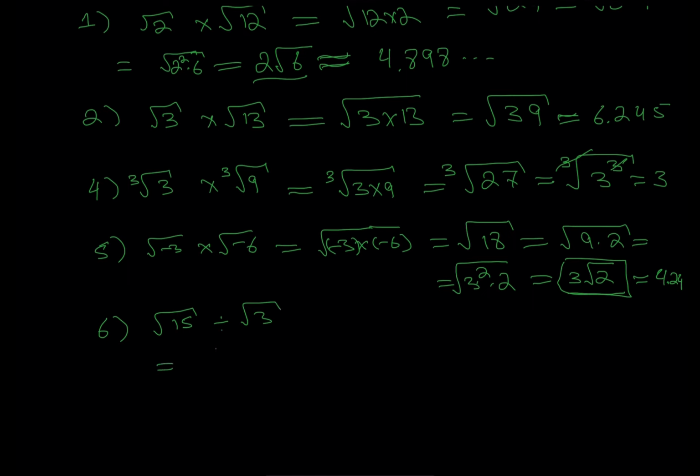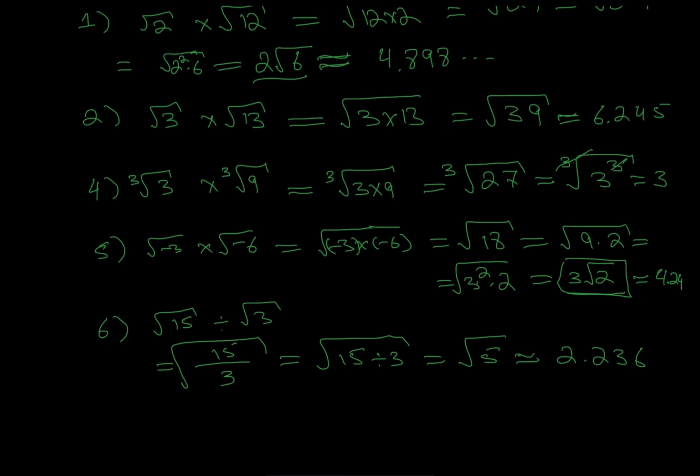We can put them under the same index number, so it's the square root of 15 divided by 3. 15 divided by 3 will be 5, the square root of 5, and we cannot simplify that, but we can just approximate that number in the calculator. It will give us 2.236.